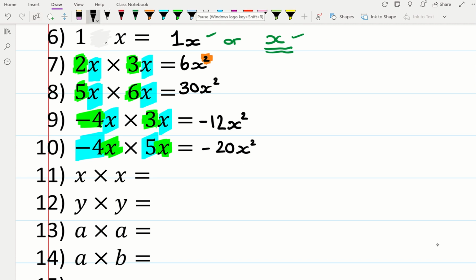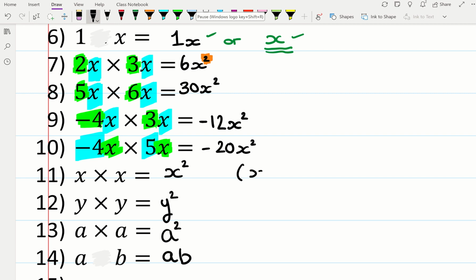And just 1x times 1x, or x times x, anything multiplied by itself is a square. Y times y, y squared. A times a, a squared. A times b, we remember that we don't write the multiplication sign, but we put a, b next to each other.